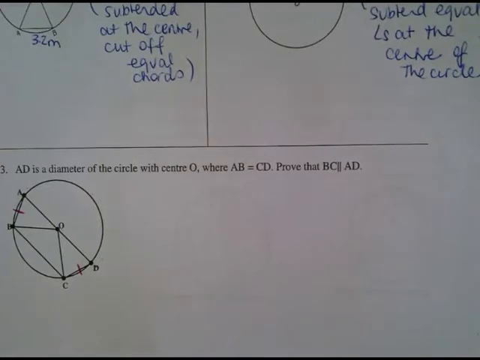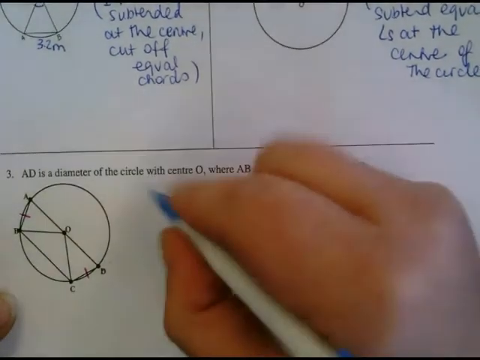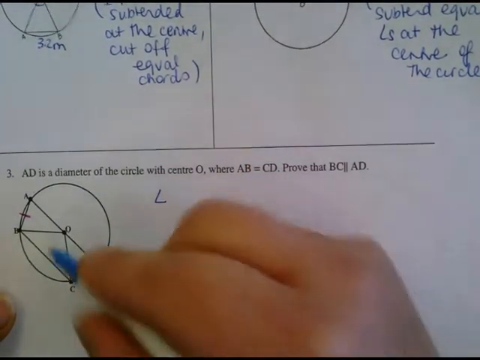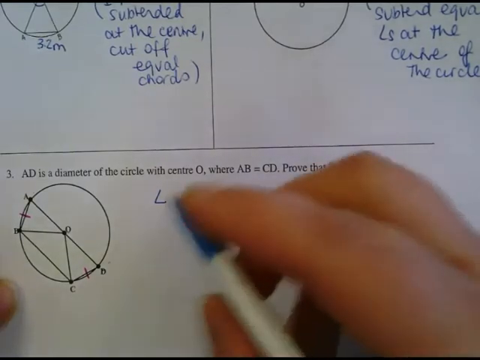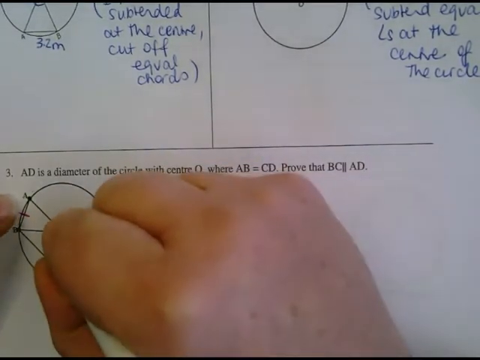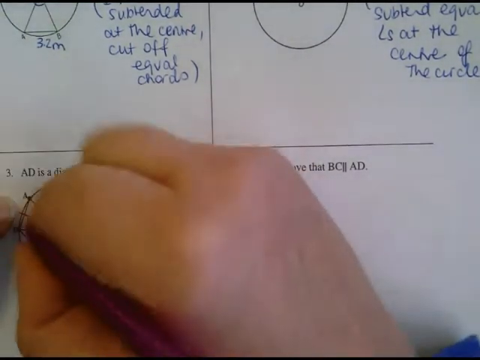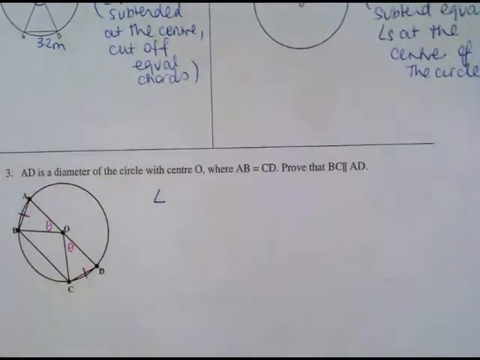So what do we want to say first? We know that AB equals CD. What do you think you'll do first? No, let's just use our theorem. If AB equals CD, doesn't it mean that what equals what? Yeah, so let's do that.